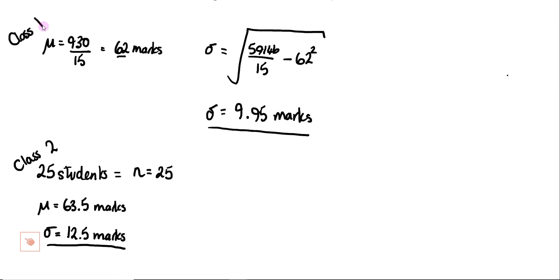I'm not asking for that. Just it's bigger. That's all I'm looking for. 12.5 is larger than 9.95, and what does that mean generally speaking? Spread out. It's spread out. Yeah, the mean is less reliable. Be careful with the word accurate. Yeah, the 25 students are more spread around the mean. Okay, that's what we're being told.